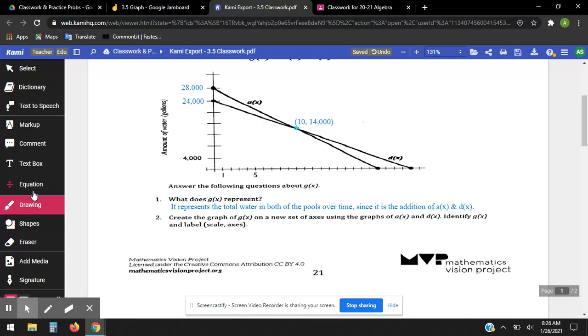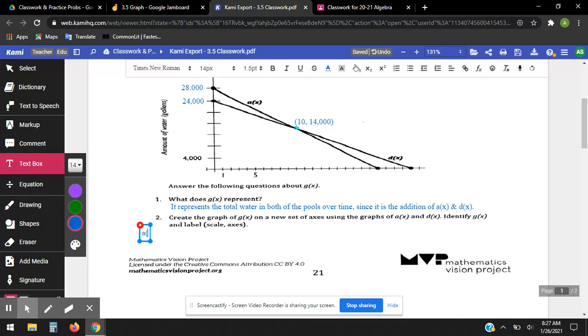So just to start with, let's go ahead and find some information here. We know that if we do A of 0 plus D of 0, we are going to get G of 0, right? Because that's the two of them added.